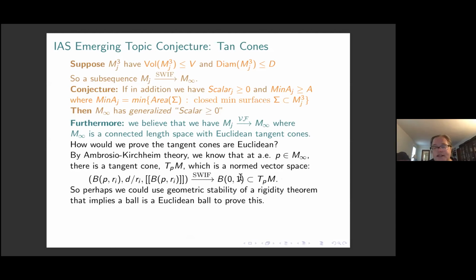If we show that this tangent space satisfies the qualities of the rigidity theorem that shows it's flat, that would be enough to show that this is a Euclidean ball. So those rigidity theorems that I stated that imply that something is a flat ball or a flat torus or a ball inside it is flat, those could be used to help with this step of getting Euclidean tangent cones.